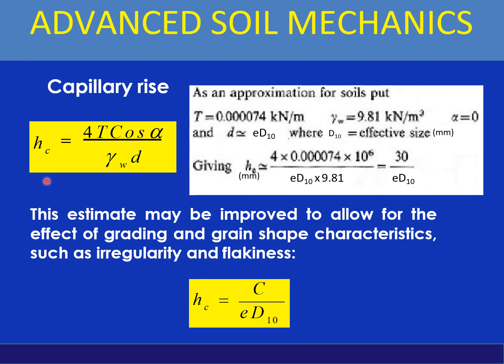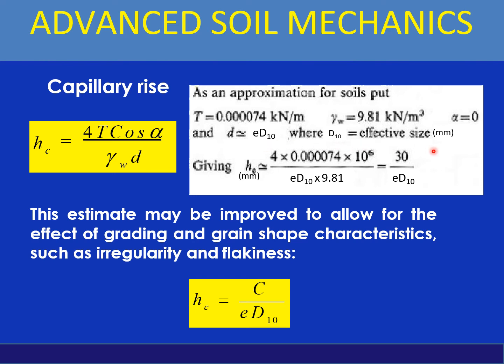Now from here you can see the formula for the capillary rise. As an approximation for soils, put T equal to that value, kilonewton per meter, surface tension force per unit length, gamma w this one, alpha 0, and take d nearly equal to e times d10, where d10 is the effective size in millimeter.